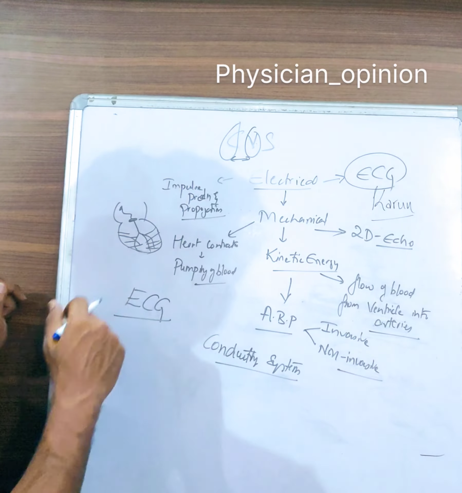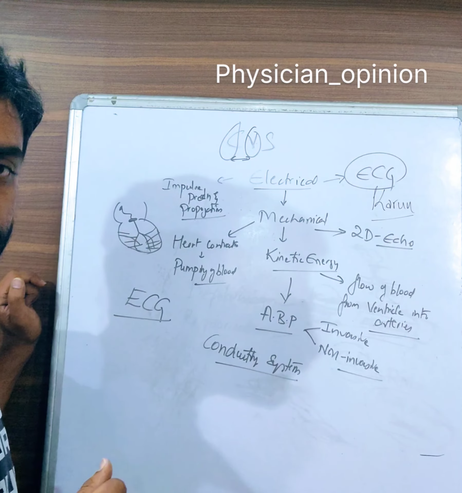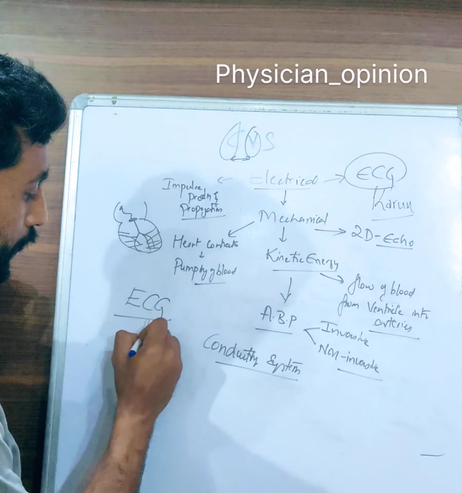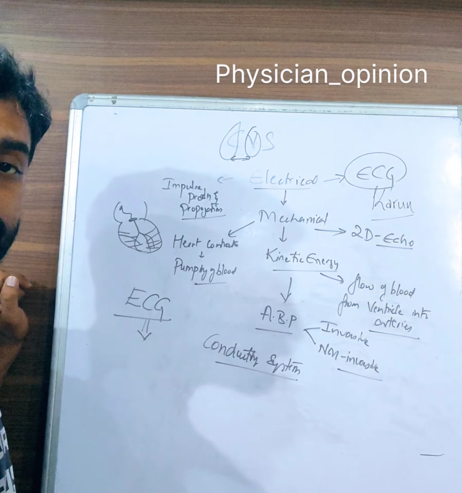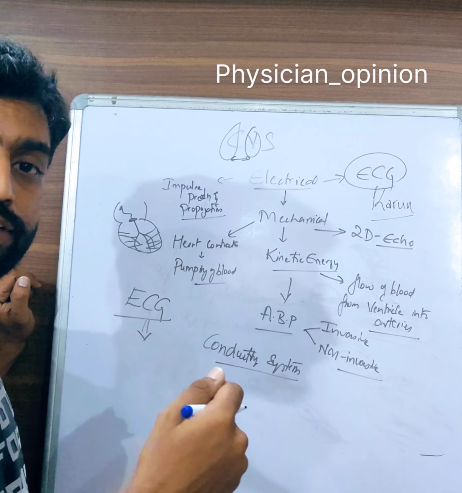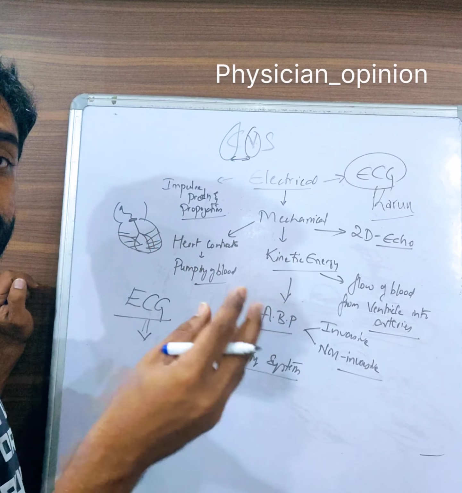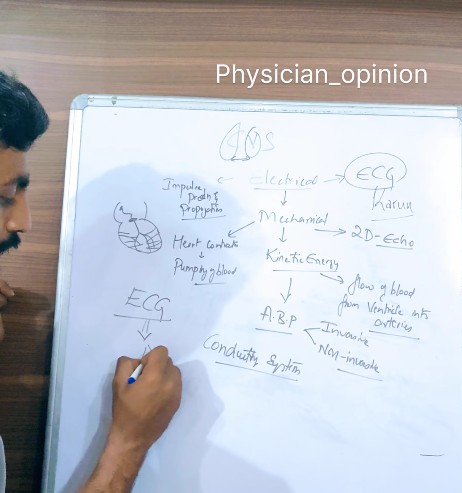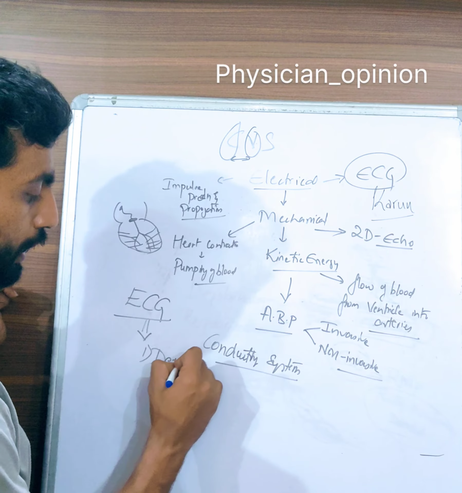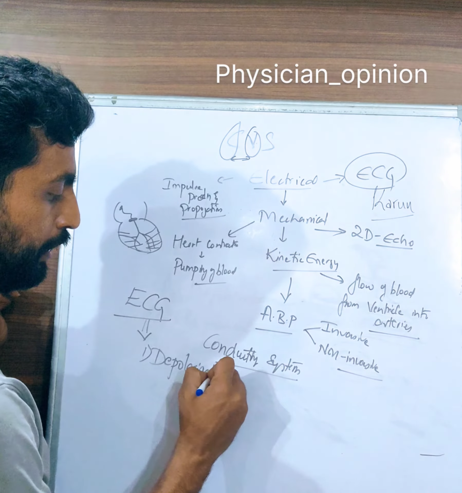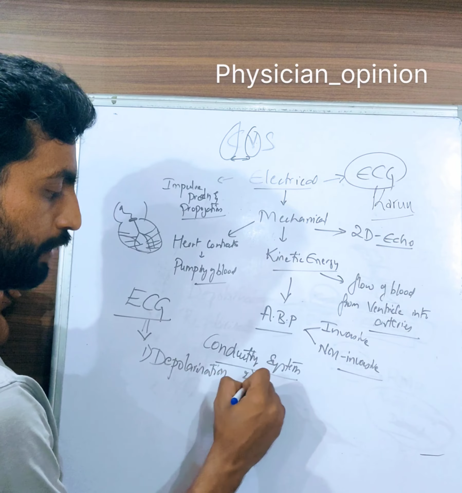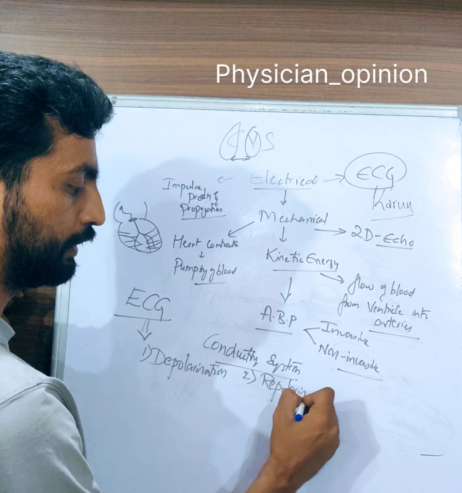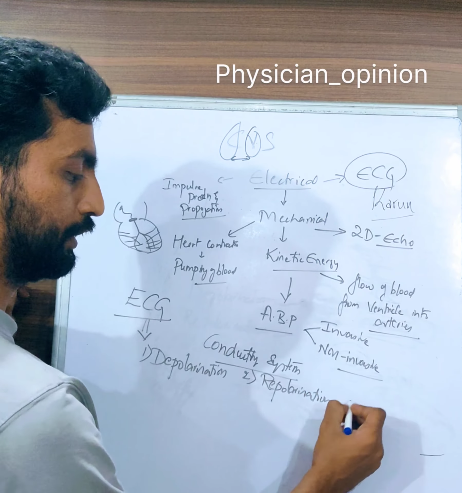Okay, so with this minimal concept, we would move on to the next subtopic in the ECG, that is, what are the different electrical activities which are caught in the ECG. The first is depolarization. The second is repolarization.